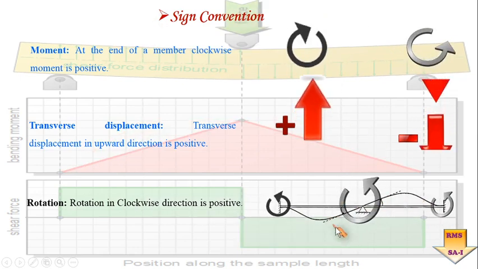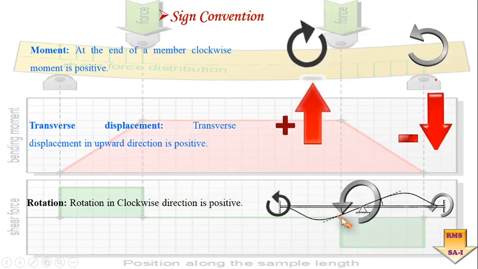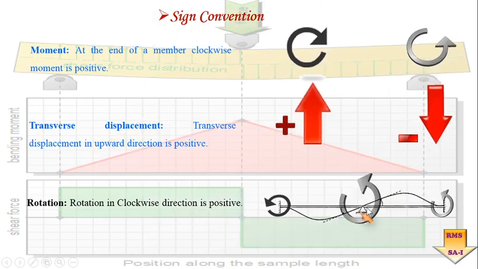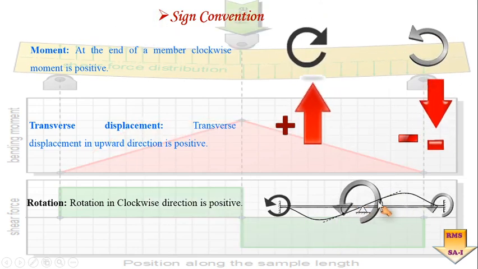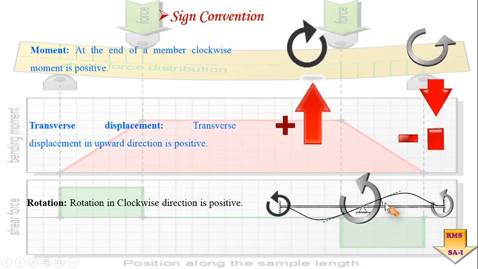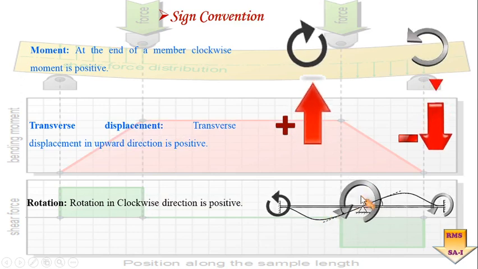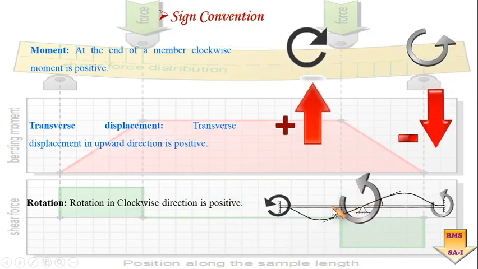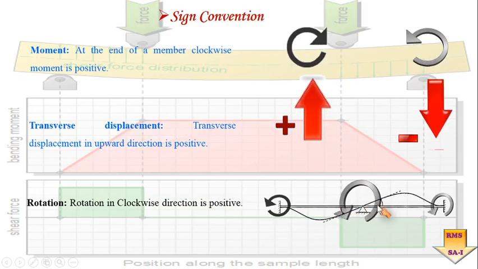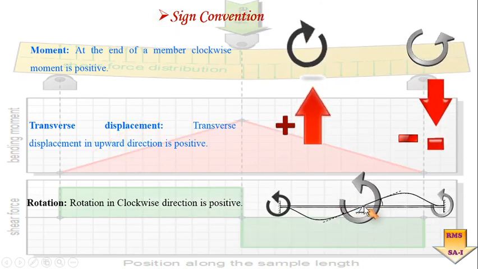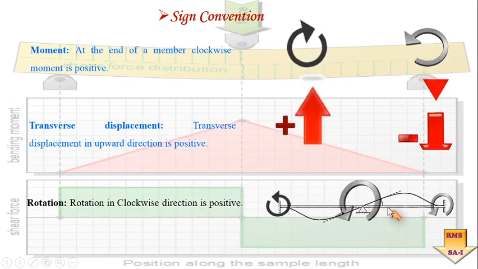Here an anti-clockwise couple is responsible for pushing this part of the beam in the downward direction, and for the right hand part of the beam, this same anti-clockwise couple is pushing the beam in the upward direction. So this single couple about this joint is going to rotate in the anti-clockwise direction, which is causing the rotation, and because of that there will be rotation happening for the left part and the right part of the beam.